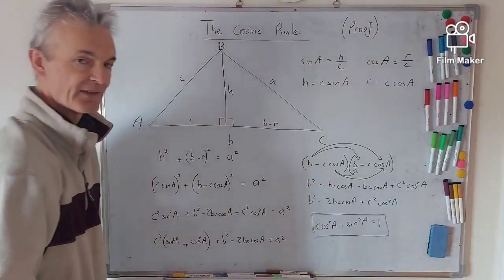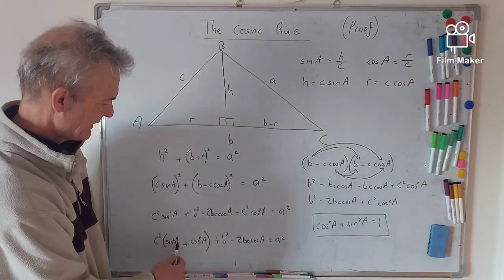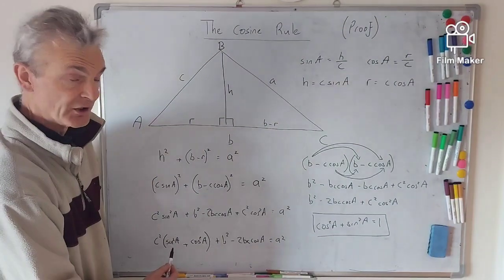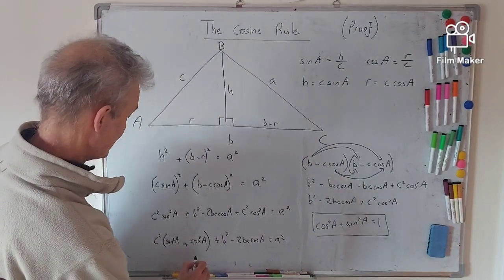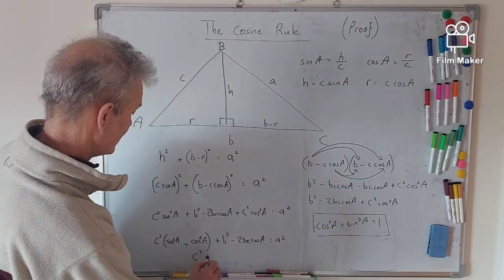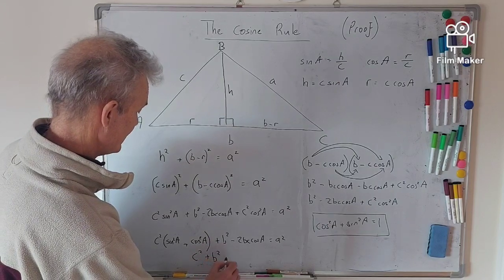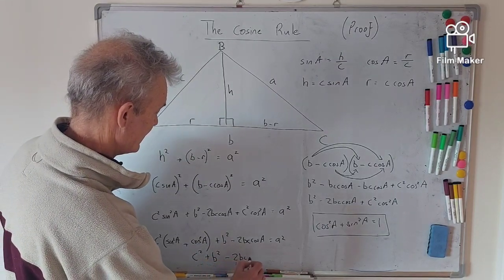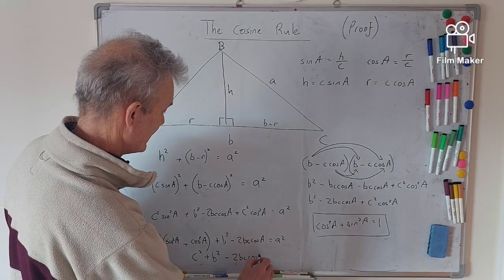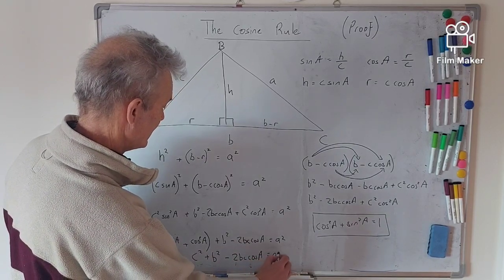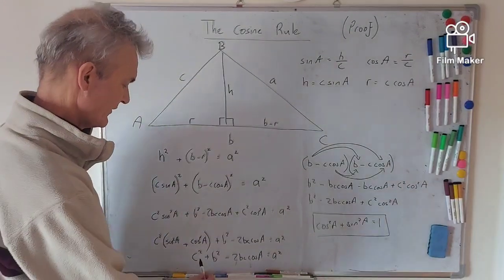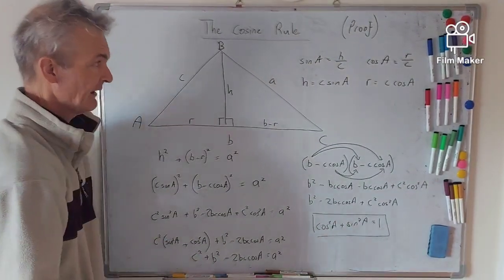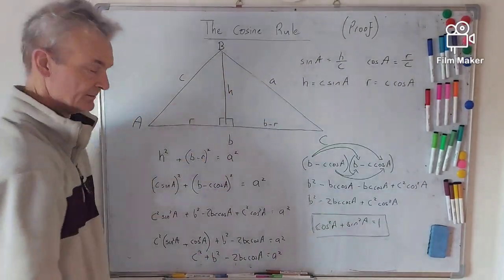So I'm making use of that identity. So I can replace this by 1. So we end up with c squared plus b squared minus 2bc cos A equals a squared. And what we've got here is the cosine rule.